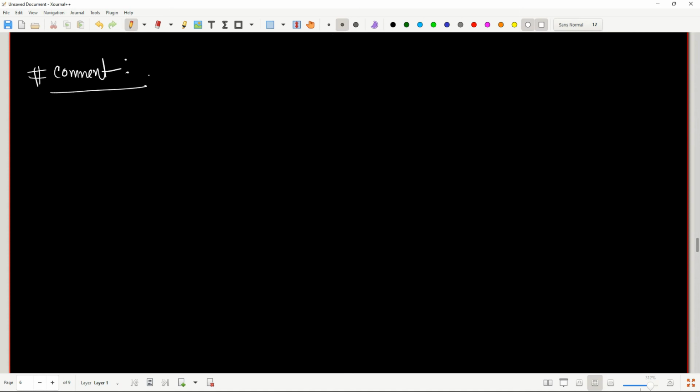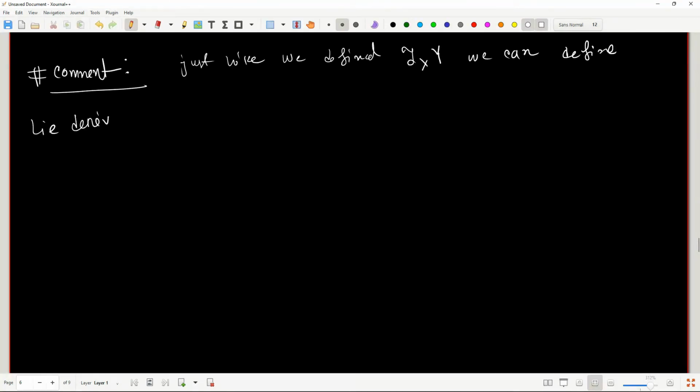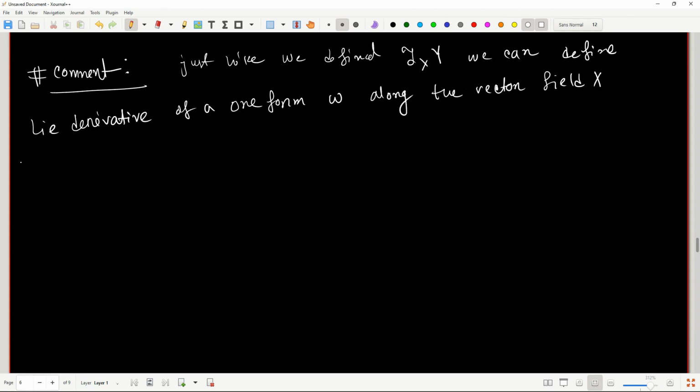We defined the Lie derivative for vector fields, but we can also define the Lie derivative of a one-form, let's say this one-form is omega, along the vector field x, as follows.